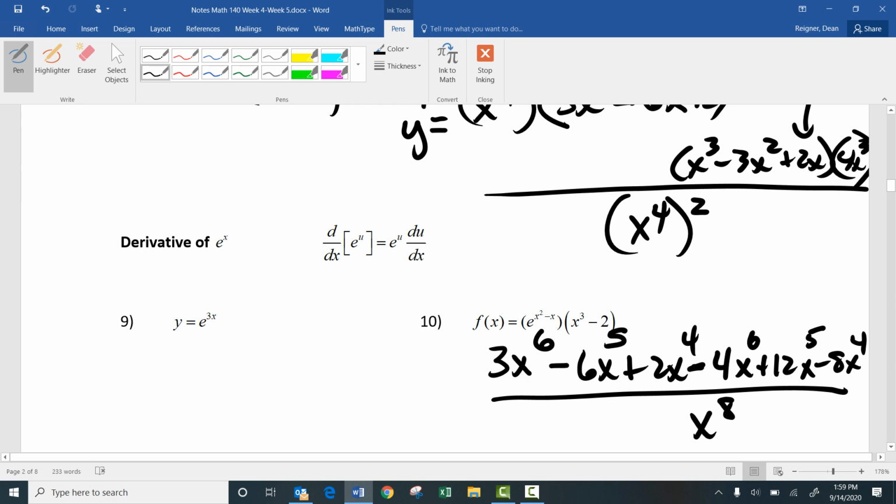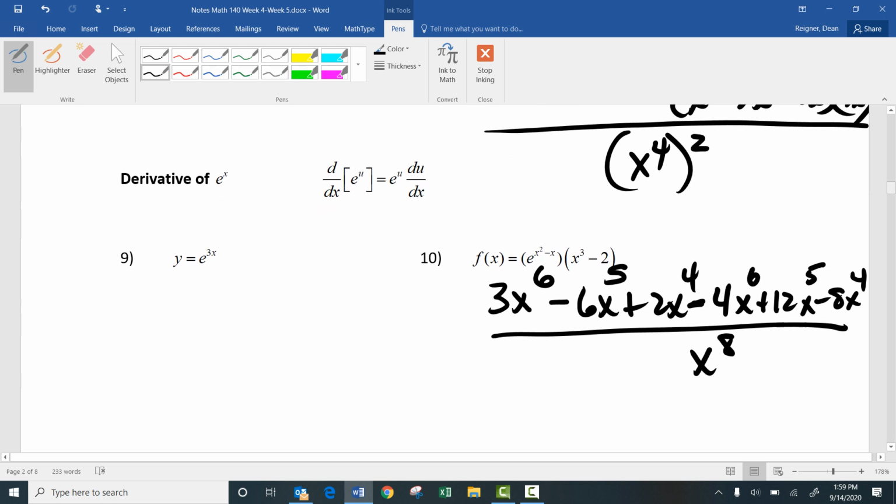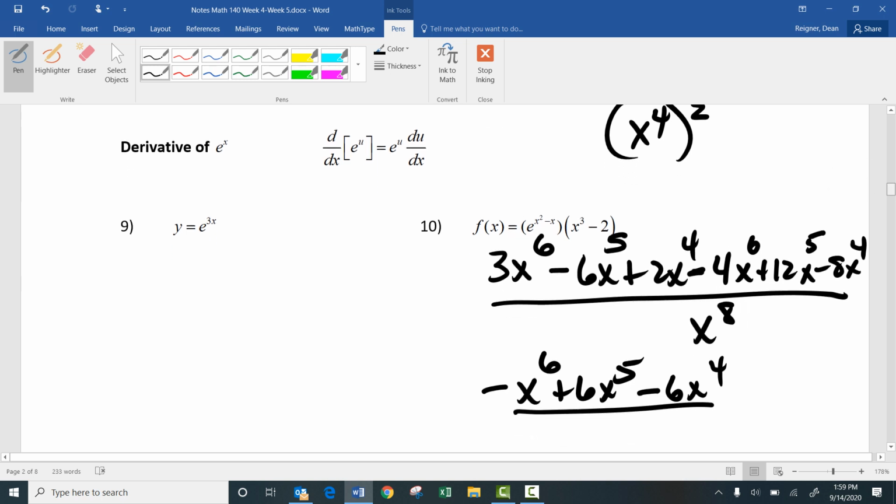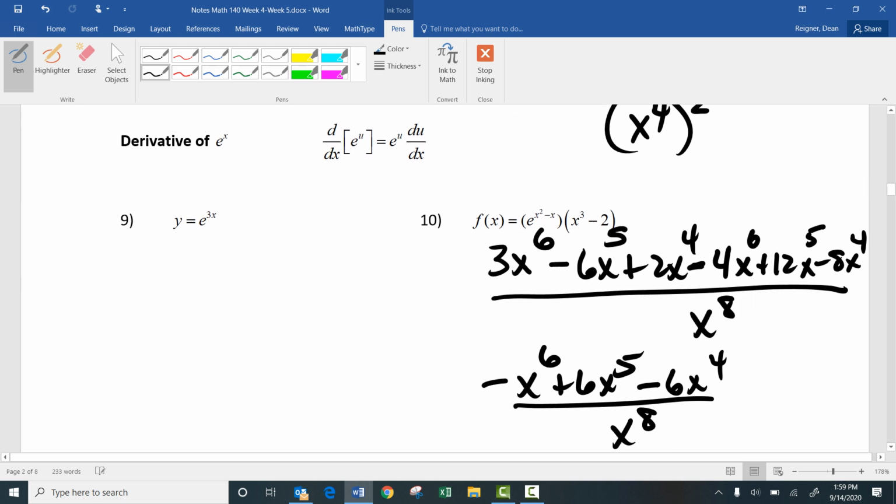So then when you add like terms to the top to finish this off, you get negative x to the 6th, and then you get 6x to the 5th. We add those two together. And then it looks like negative 6x to the 4th all over x to the 8th. And that looks like it's your answer for that problem. Okay? So that's basically those rules in a nutshell.